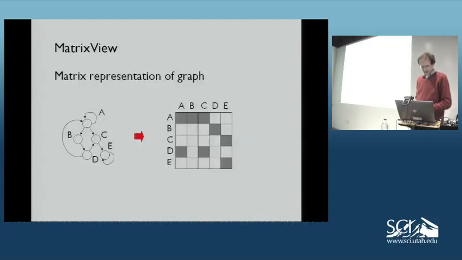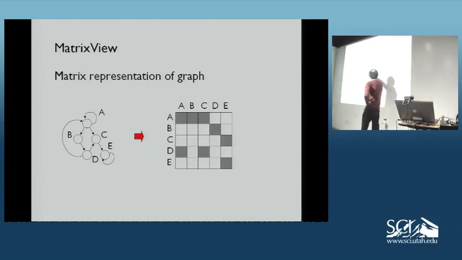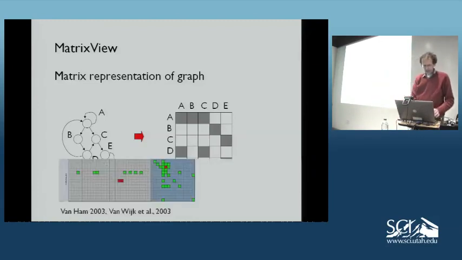In the first case, we use something called a matrix representation, which is quite straightforward. Suppose you have this little node link diagram, then you can show the incidence matrix. So for instance, D calling D is represented by this little gray square here, and then you can look at things.